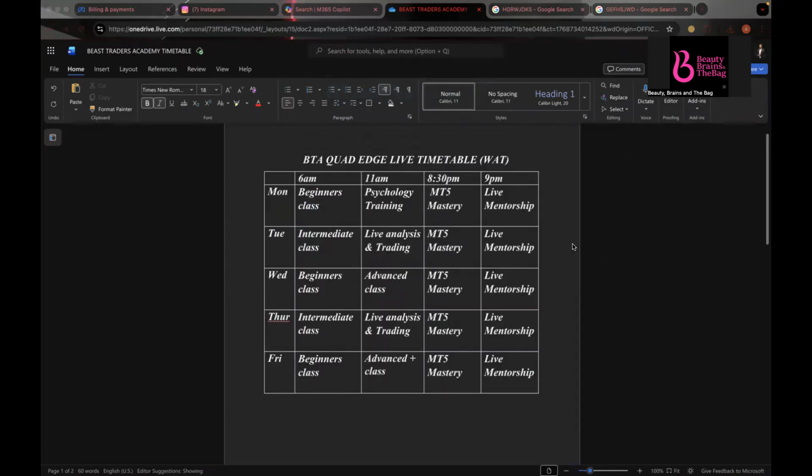So this is the timetable for the classes. Let me drop it on the group chat. Well, let me just fix it. After the session, I'll drop it on the group chat.